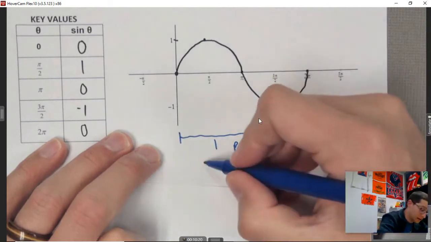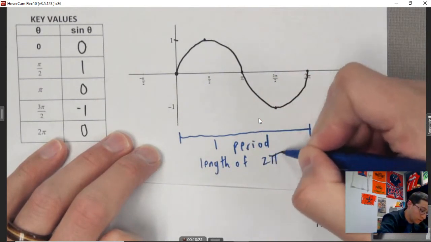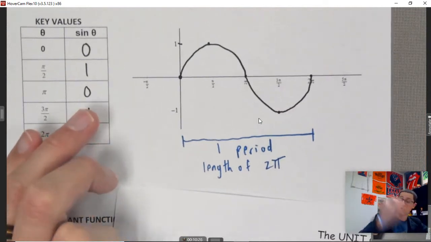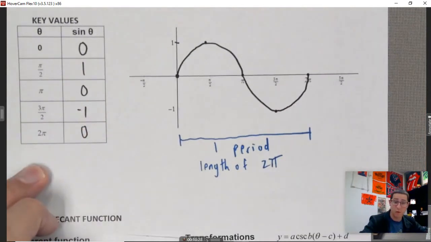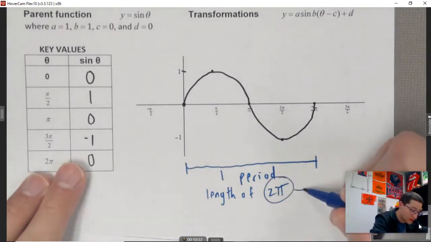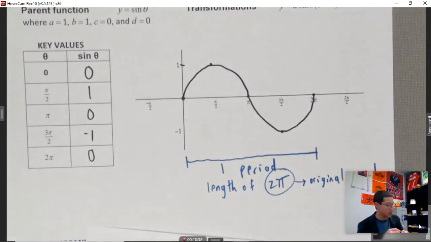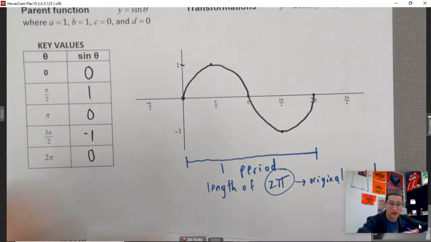It's a length of 2 pi. So your original period for sine is going to be 2 pi. That's your original period, as we were referring to.